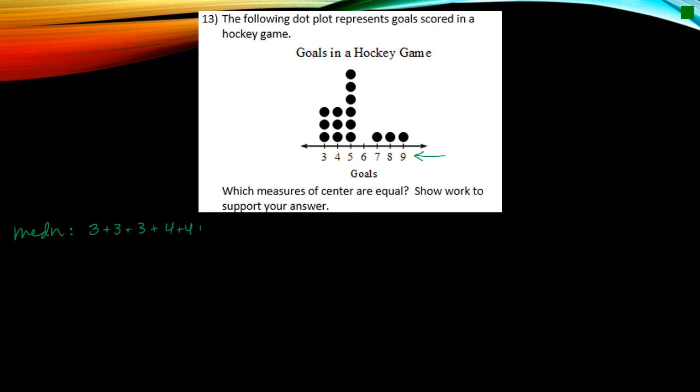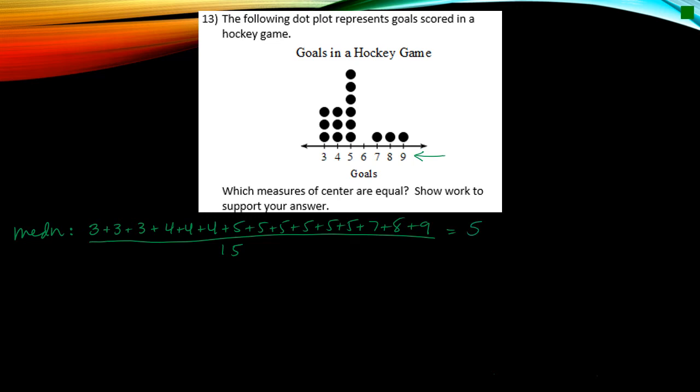We're going to add 4 3 times. We're going to add 5 6 times. And then 7, 8, and 9. And then we actually wrote down 15 numbers there. And when you add these all up and divide by 15, it comes out to be exactly 5. So the mean here is 5.